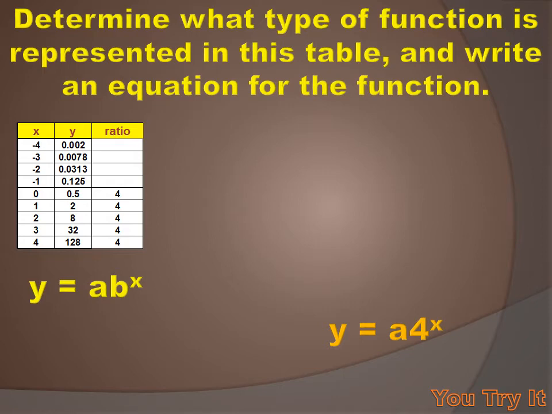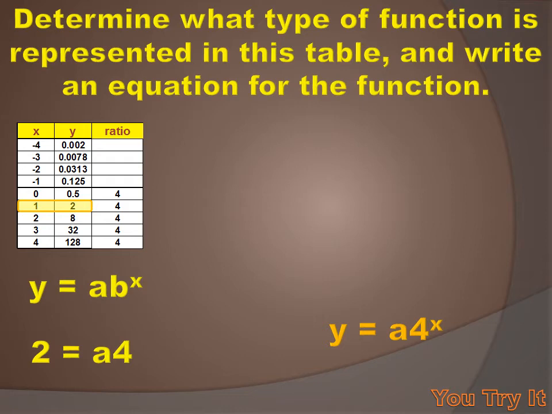Now I just have to calculate my a value, and I'll do that by taking this equation, y equals a times 4 to the x power, and I'll substitute x and y values from my table. Let's use 1 and 2. X equals 1, y equals 2. 2 equals a times 4 to the first power, or 2 equals a times 4.